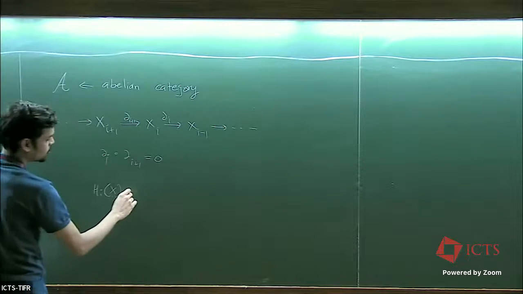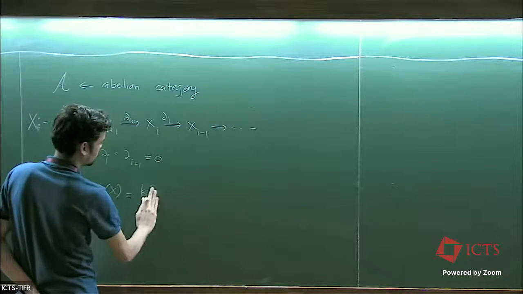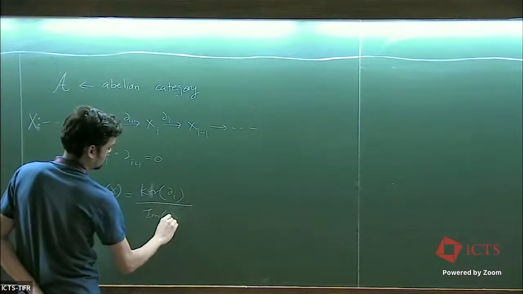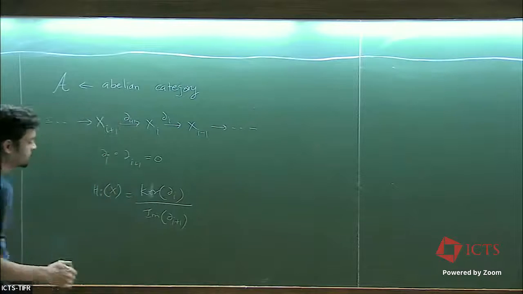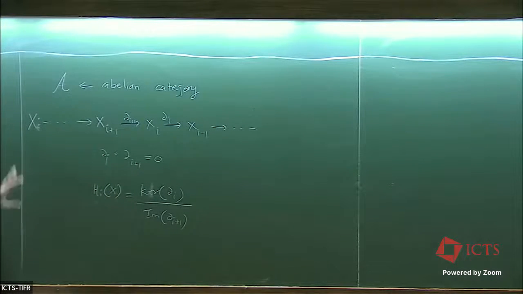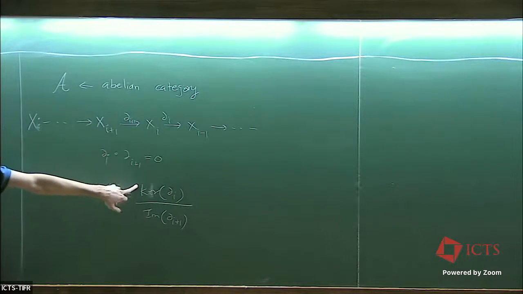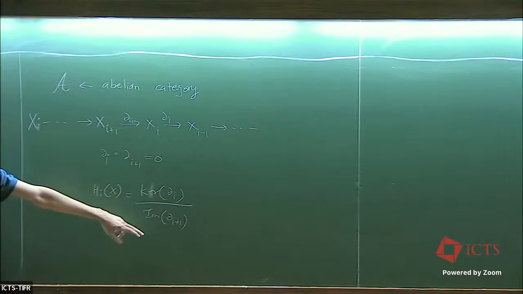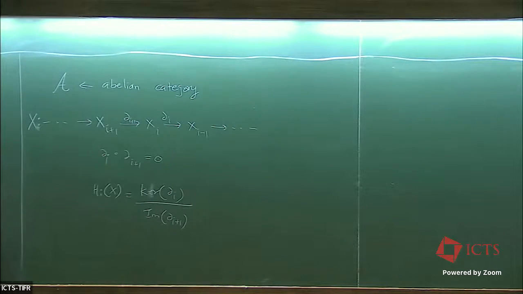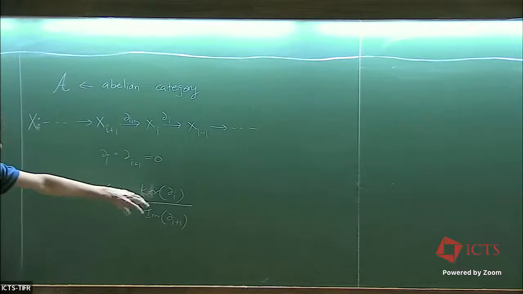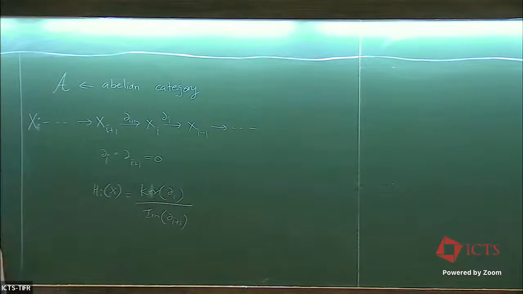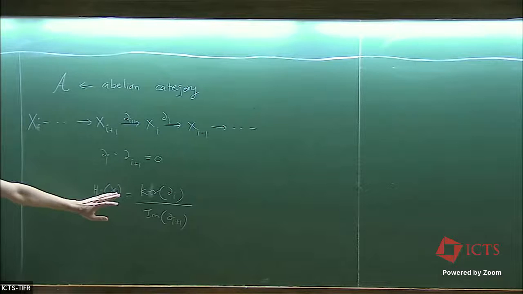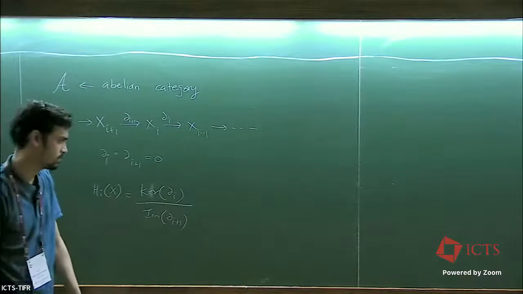The ith homology of the complex is... If you're in the category of modules, we know that this is a subset of this, but in general, one has to use the universal property of kernel and co-kernel to show that there is a natural map from here to here, and you can basically define the quotient. But for simplicity, let us assume that we are working in the module category, and this is how one can define homology.